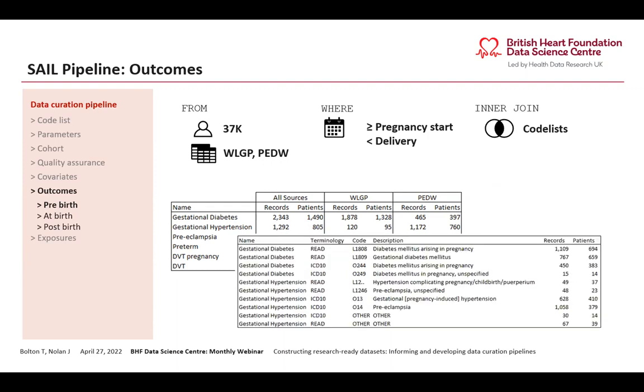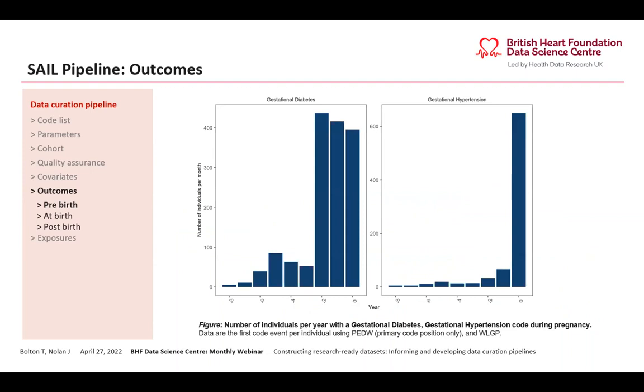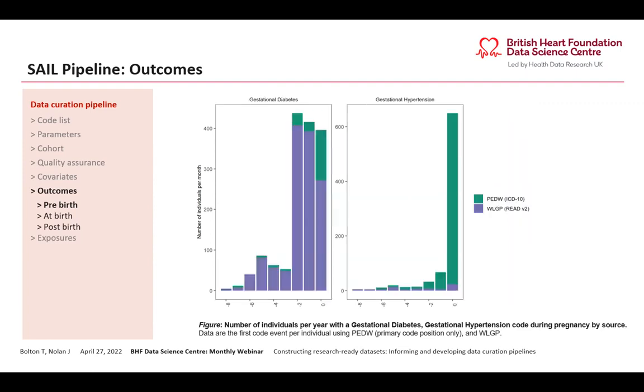And again, we've got the more detailed code level summaries that allow us to scrutinize which codes are identifying the outcomes in our cohort. Again, we can see at what point in the course of the pregnancy these outcomes were identified. And again, we can see which sources they're being picked up in.